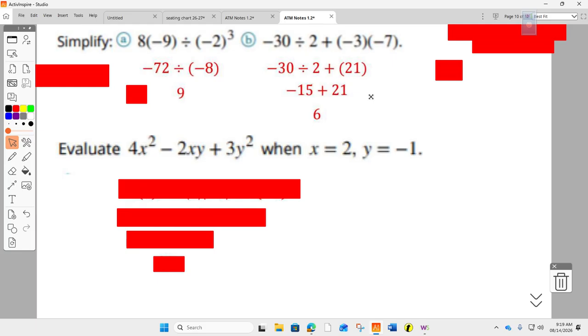What are we going to do when they ask us to evaluate something given values of a variable? What did we say we do when you evaluate? Brian, what would we do? They give us x equals 2 and y equals -1, and they want us to evaluate that expression using those values. What do we do? What would you do?